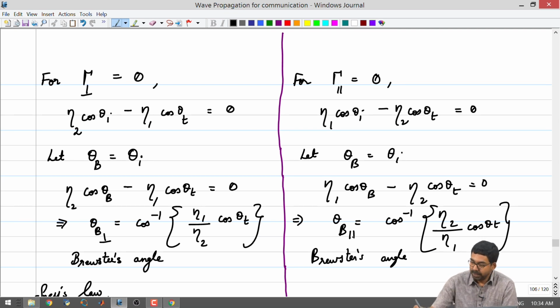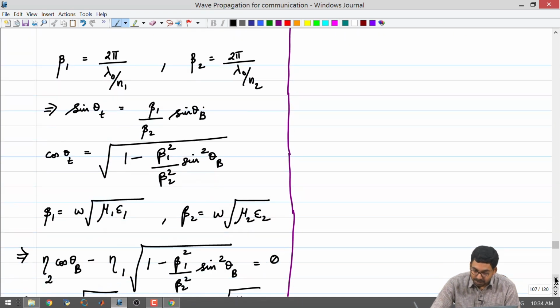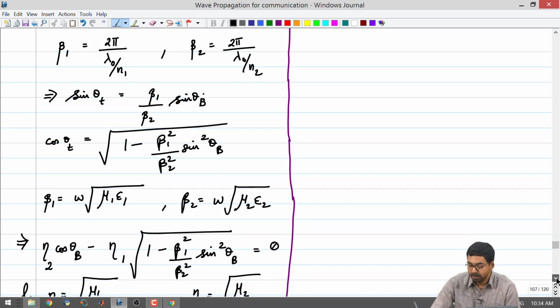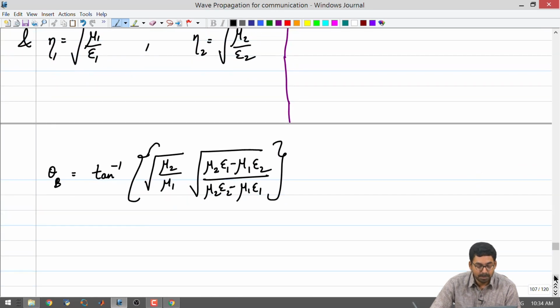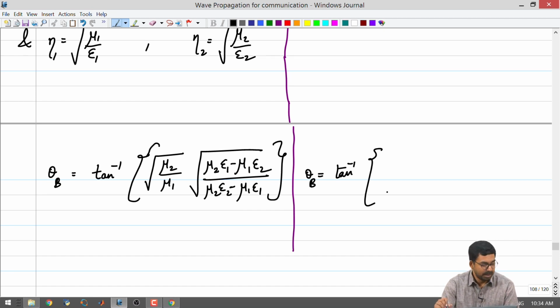Now, we can go through Snell's law, make substitutions for eta 2, eta 1, make substitutions for theta t in terms of theta b, and you could make substitutions in terms of beta 1, beta 2, then make it epsilon 1, epsilon 2, etc. It is the same drill over here, except that the angle here turns out to be slightly different because our starting expression itself was different.